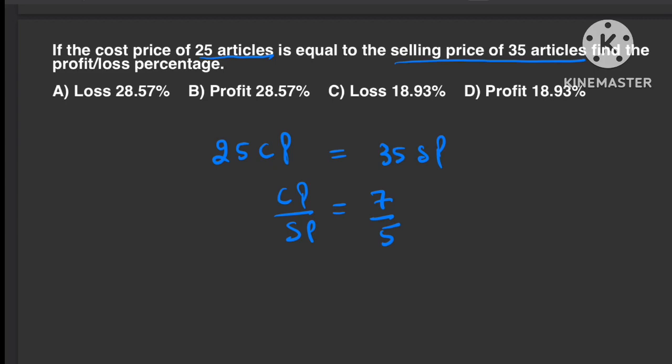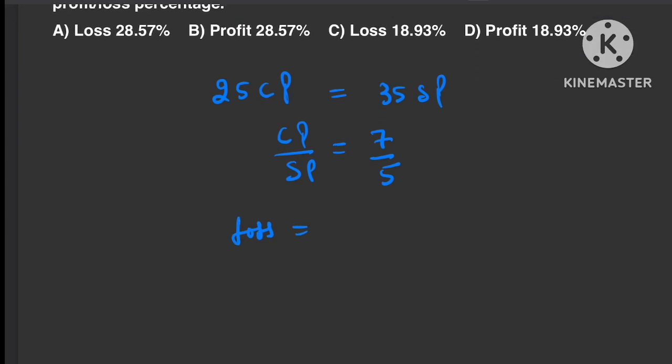So definitely it's a loss. So what would be the value of loss? It is 7 minus 5, that is 2, and loss is on cost price, that is 2 by 7 into 100. And as we know, 1 by 7 is 14.28%.